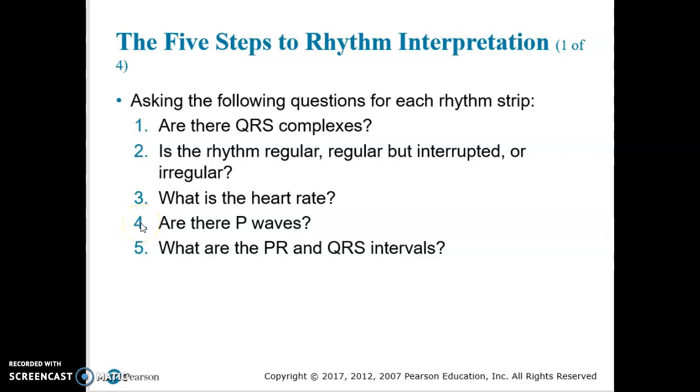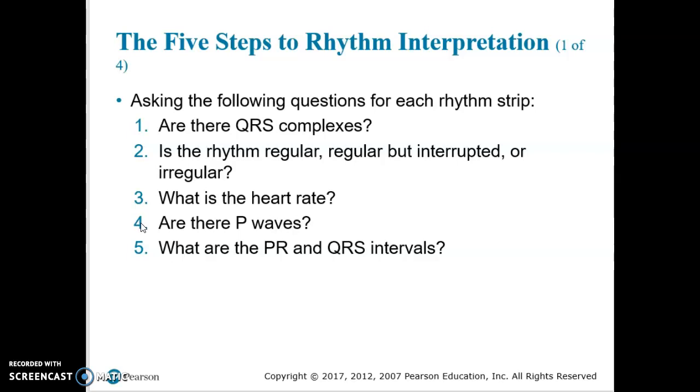Question number 4. Are there P waves? If so, what is the relationship to the QRS? Are the P waves always in the same place? Are they relative to the QRS, or are they different in each beat?